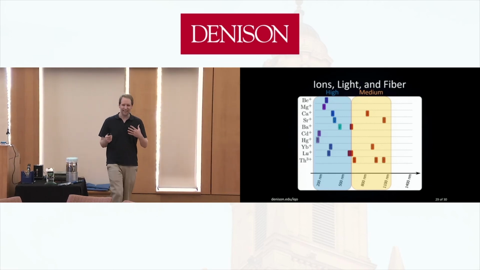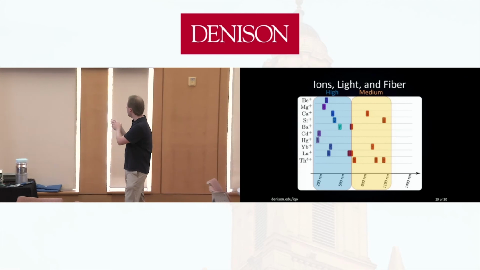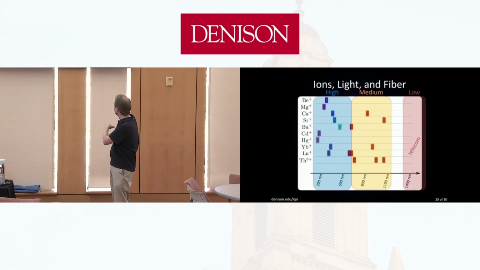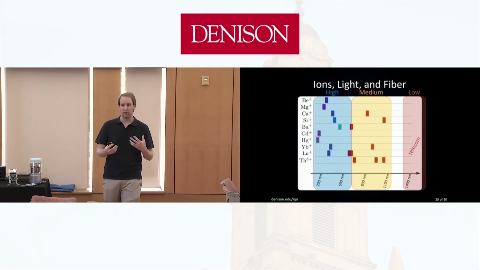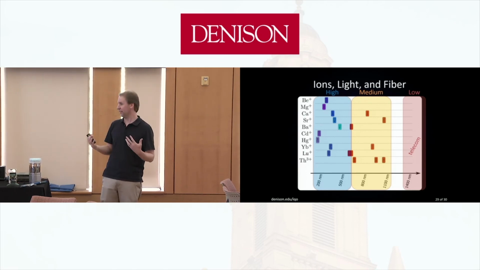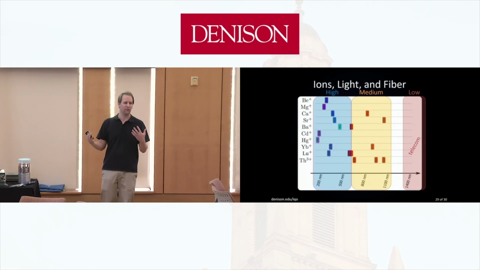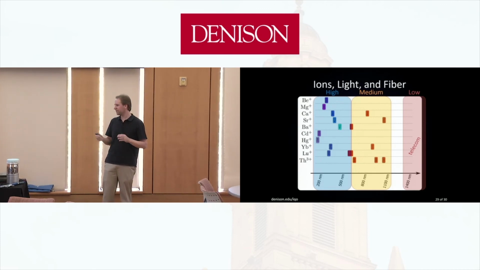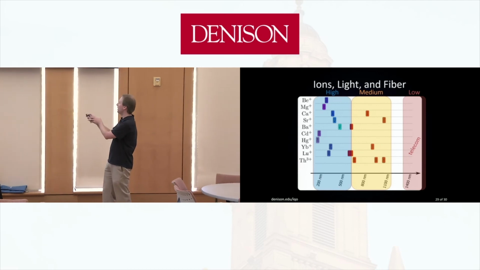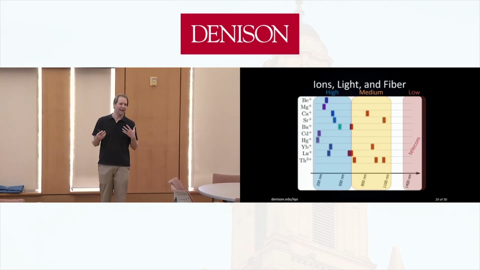Where you'd really like to be is way out at the far infrared region, over here, which is known as the telecom region of the spectrum, because this is where the telecommunications industry currently works. This is where they send light pulses through optical fibers, really far in the infrared. And you can see that none of the ions that have been used to date satisfy the criteria of having their transitions in this range.